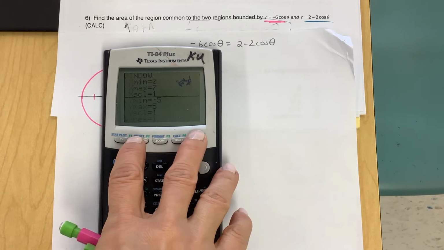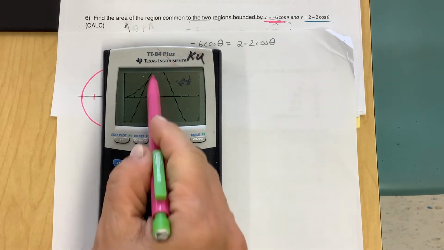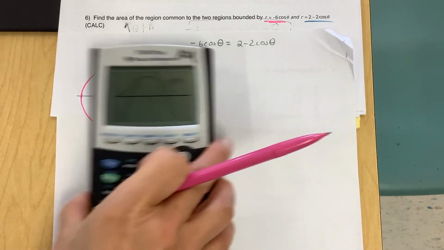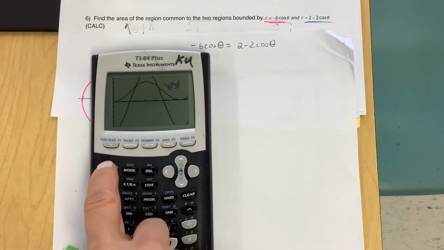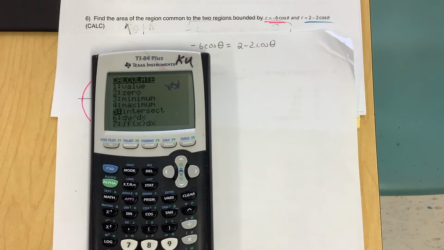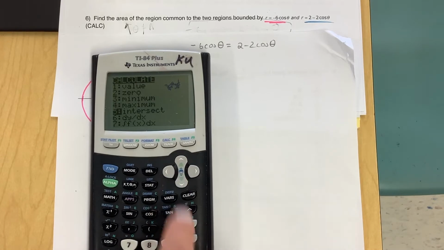So let's go ahead and graph it. And I want to know the first time where they cross. So right here, this angle, this x, is this theta that we're looking for. So if I do my intersection feature, oops, I found the wrong one. Let me do that again.